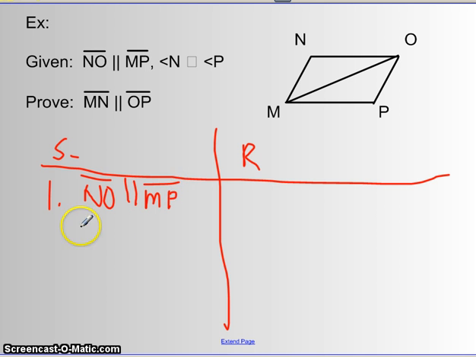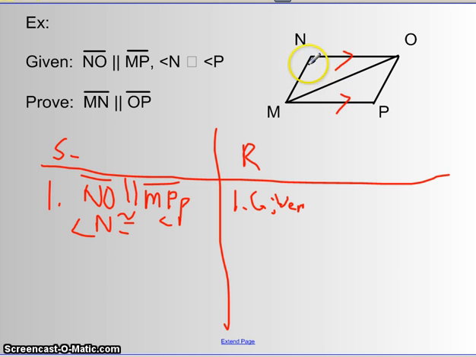So I'm starting with the given again. I'm going to mark that in my diagram so I can see it. So we got these two lines are parallel. We just marked that with a little arrow.